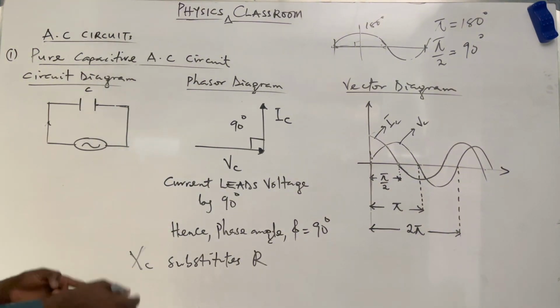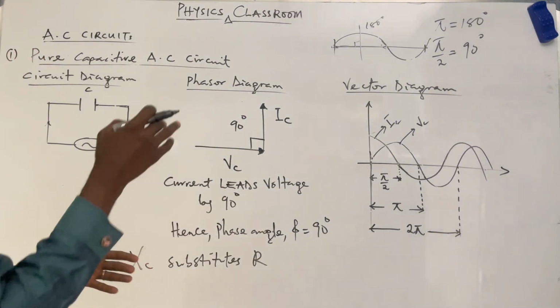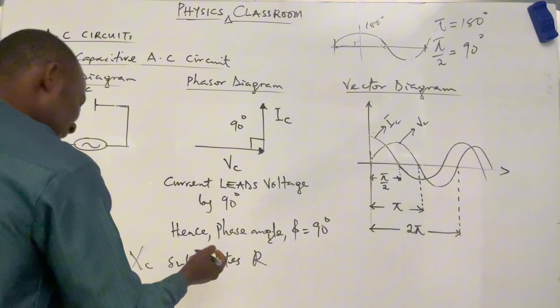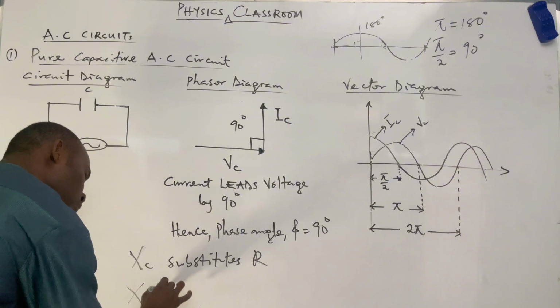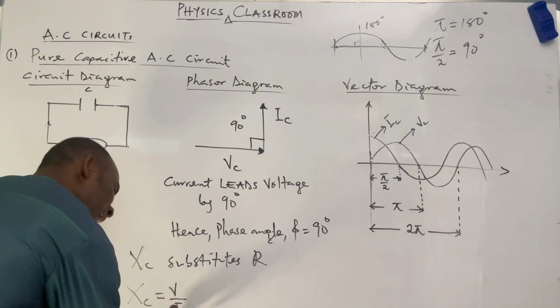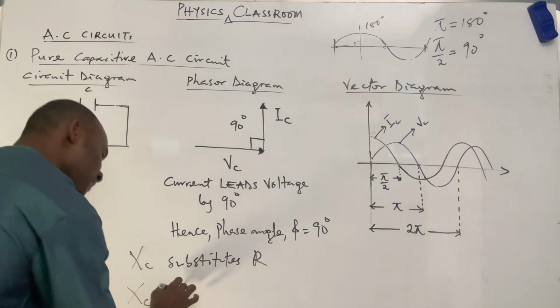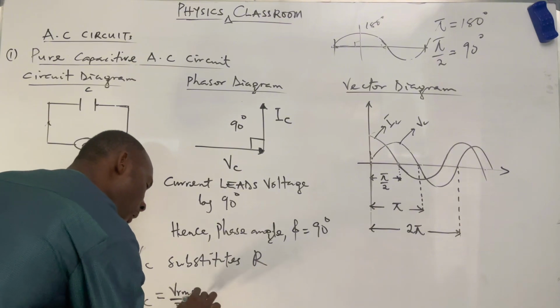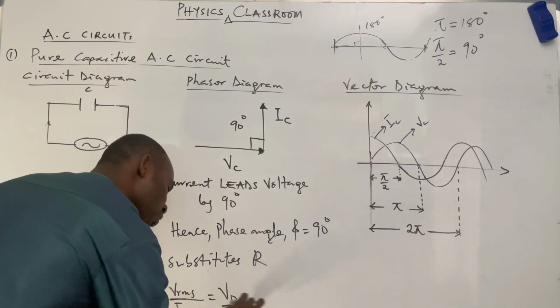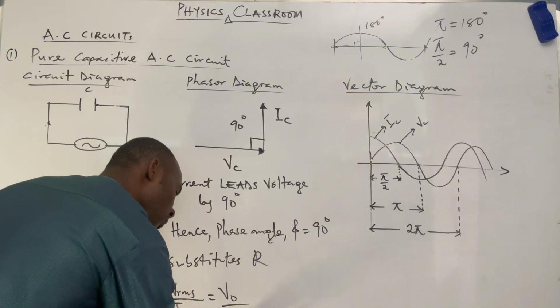What am I saying? You know, from Ohm's law, we say V is equal to IR, R is equal to V over I. Instead of that R, we change it to what? XC will be equal to V over I. That is VRMS over IRMS, or peak voltage all over peak current.